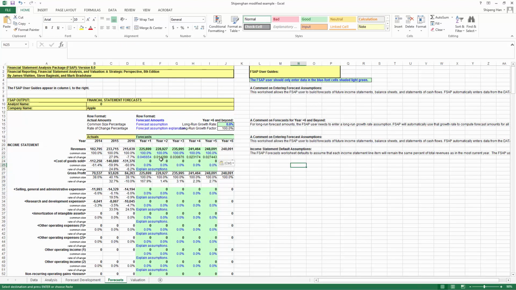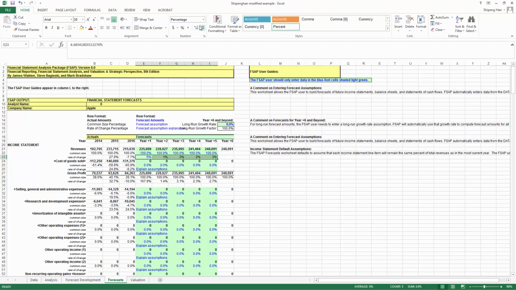I changed the format to percentage and show more numbers. So now we have the forecast revenue from year +1 to year +5, and the growth rate from year +1 to year +5.